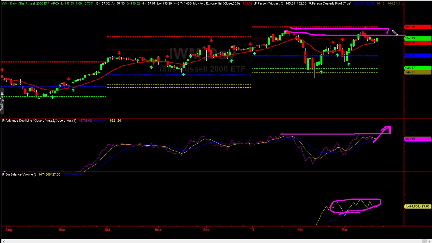The volume action is kind of iffy, so if we do get a rip out of here, it's about a 163 to 165 breakout extension, not using Fibonacci, but just looking at this kind of ratio of what we've seen, and also price projecting up to the upside.